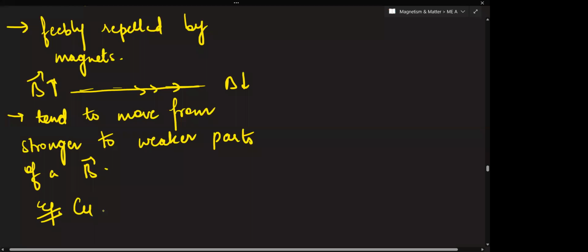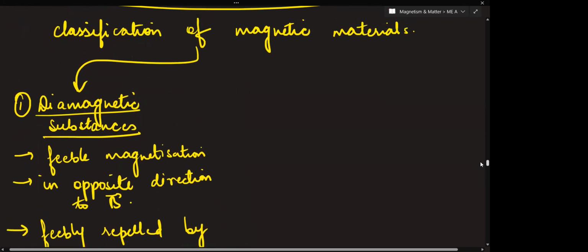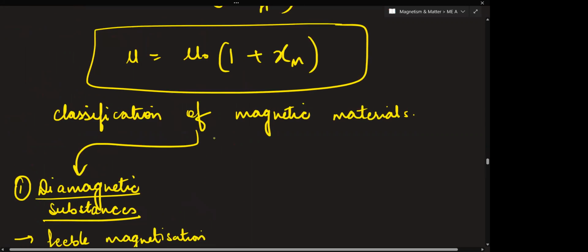Like you can take the example of copper, lead, gold, and silver. All these materials are diamagnetic substances. If you remember example 1 or 2, that's enough. You won't be getting questions directly on examples.